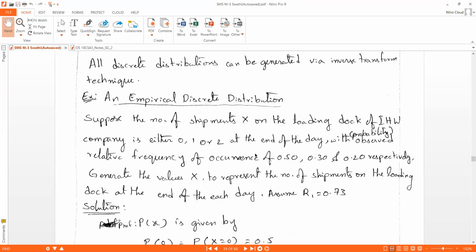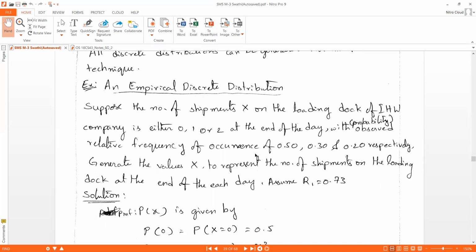The first one is an empirical discrete distribution. Suppose the number of shipments X on the loading dock of the IHW company is either 0, 1 or 2 at the end of the day, with observed relative frequencies of occurrence 0.50, 0.30, 0.20 respectively.